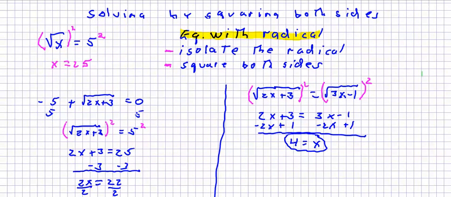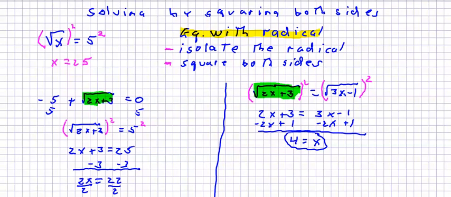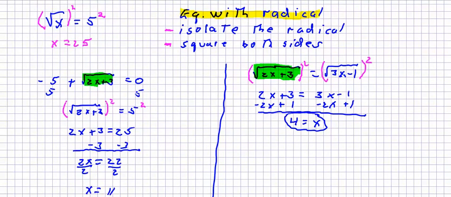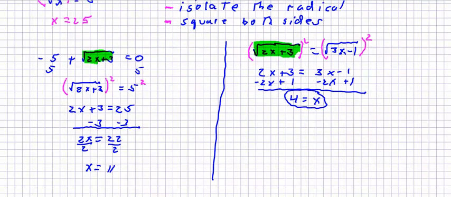If the equation has a radical, you isolate the radical. Over here, my radical was isolated. The fact that I had one on each side means they were both isolated. And then we square each side and solve the equation.